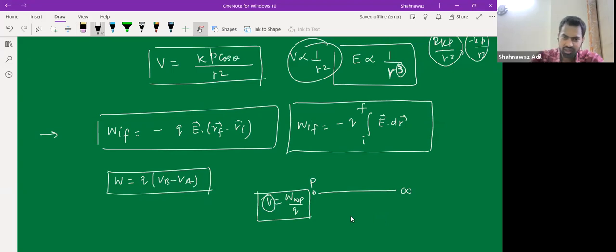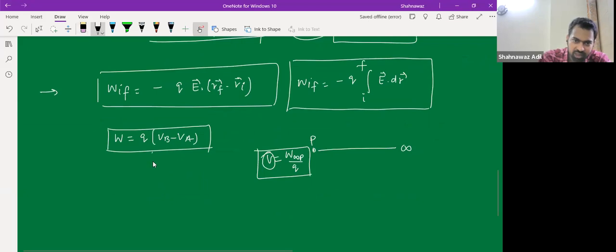Yes, sir. And if we are bringing the charge from A to B, then Q(VB minus VA) is equal to W. So this is the potential difference.